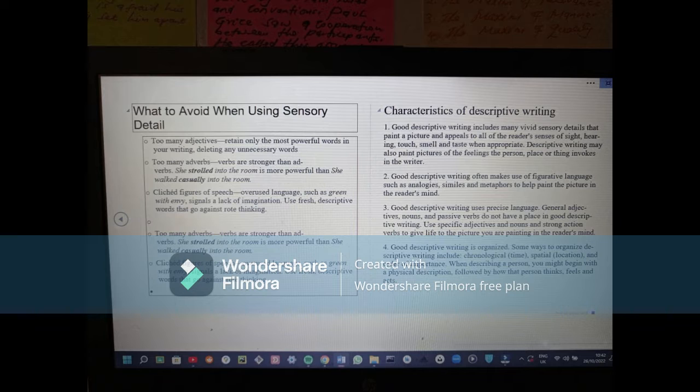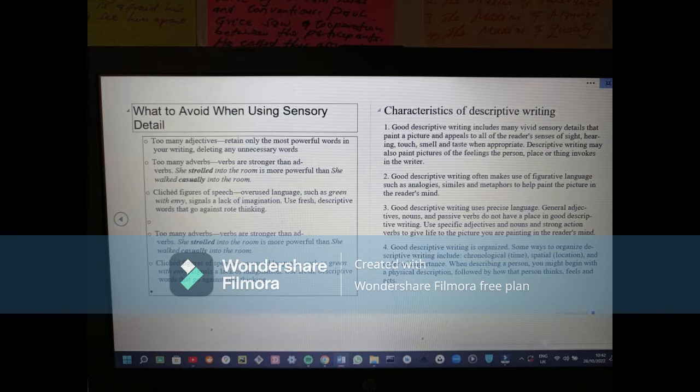So remember to create a dominant mood. So what's your mood? If your mood is of sadness, then you have to come up with melancholic, let's say, choice of words to bring out this mood in a descriptive writing.